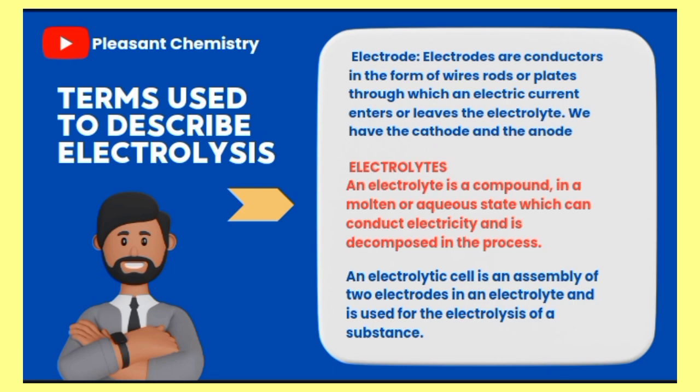What is an electrolyte? An electrolyte is a chemical compound, like the one I showed in the previous slide, in a molten or aqueous state. Note that word: molten means without water, aqueous state means with water. That means you've dissolved that electrolyte inside water, or there is water inside the chemical, which can conduct electric current and is decomposed in the process.